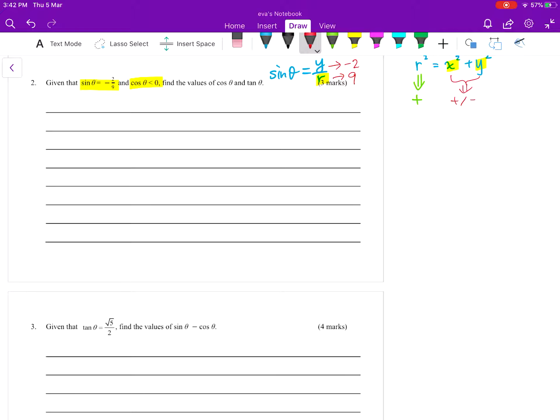But we still don't know which quadrant theta lies in, so we have to figure it out.